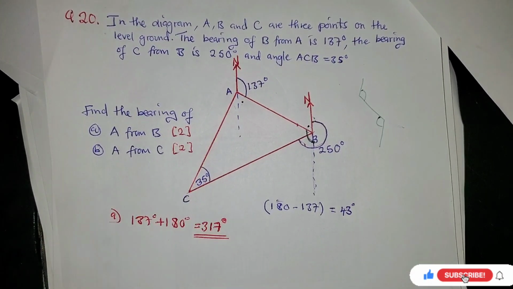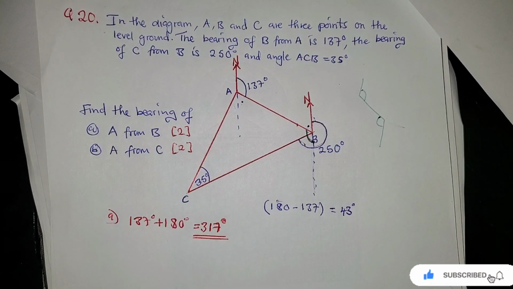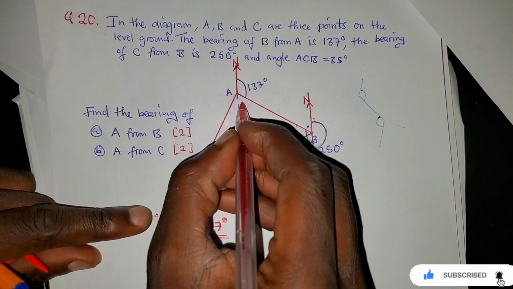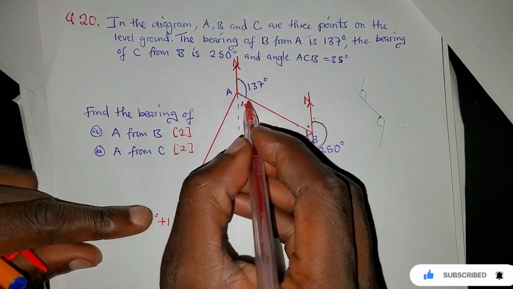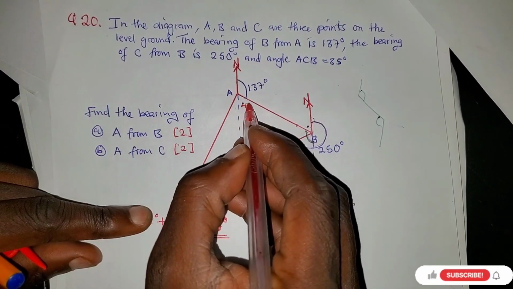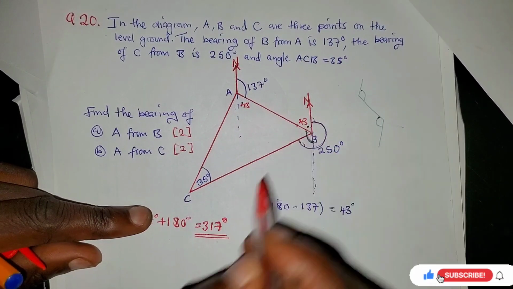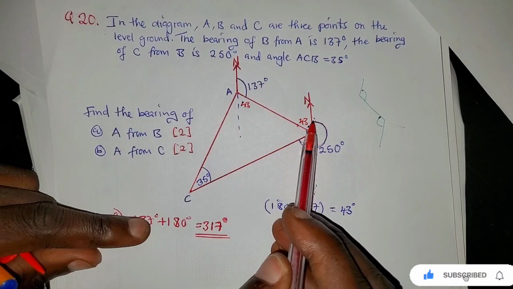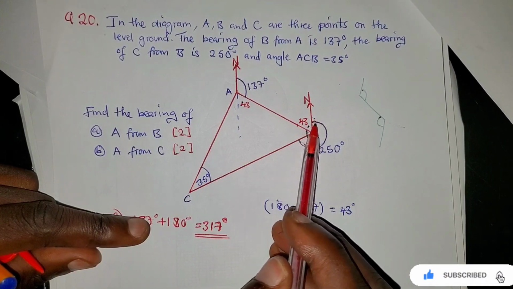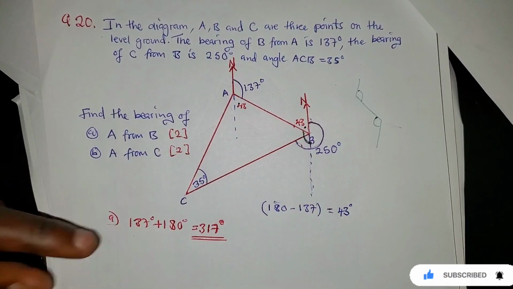So this angle here, let me even label it so that you understand what I'm talking about. This is 43. So if here is 43, even here is also 43. Then you can subtract this from 360, and we'll find the remaining angle here.